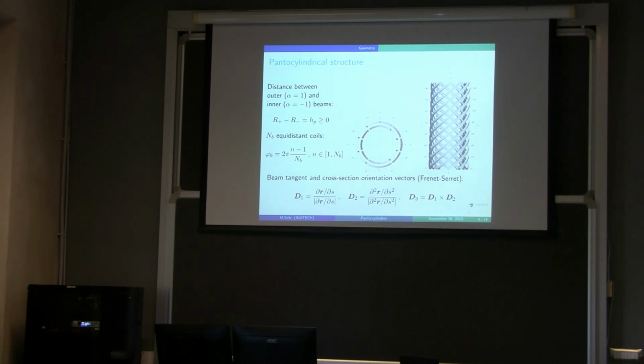For now they're just unconnected helices, and if we want to describe those as beams, we can easily describe a tangent and a cross-section orientation with the Frenet-Serret formulas. We also have to define some kind of cross-section.